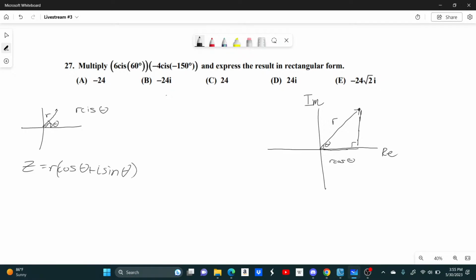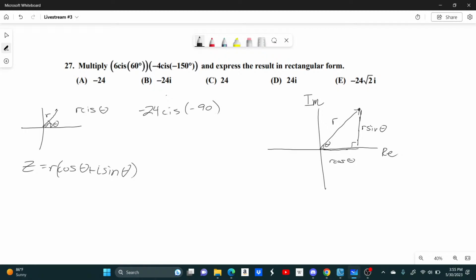And for the imaginary part, same thing, SOHCAHTOA gives you r times the sine of theta. And then I have the i in front of it because it's in the imaginary plane. So there's a rule that you can use whenever multiplying complex numbers in this form. Your magnitudes will multiply together and your angles will add together. So when I'm multiplying these two, 6 times -4 is -24, and then 60 plus -150 is -90.